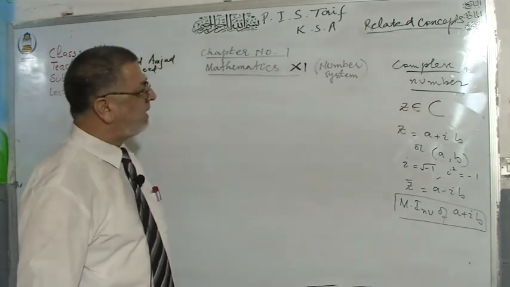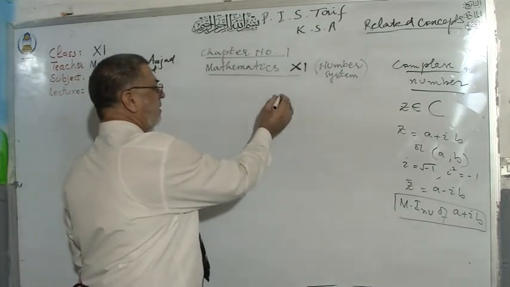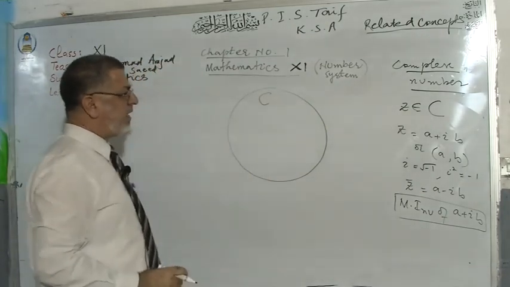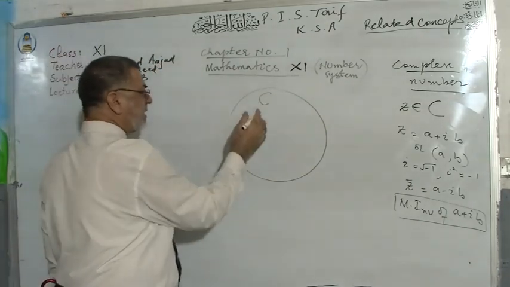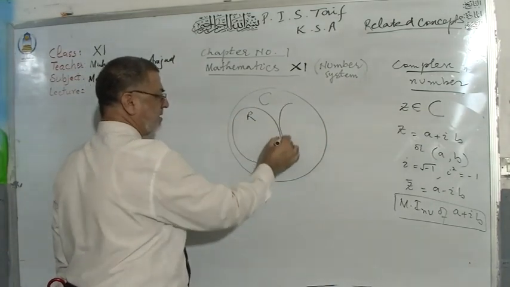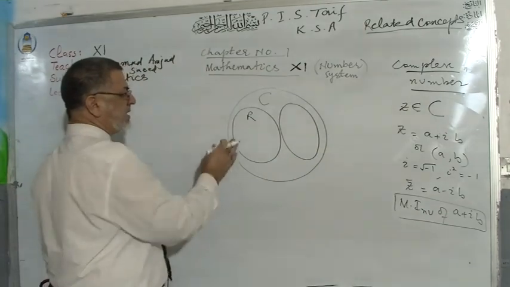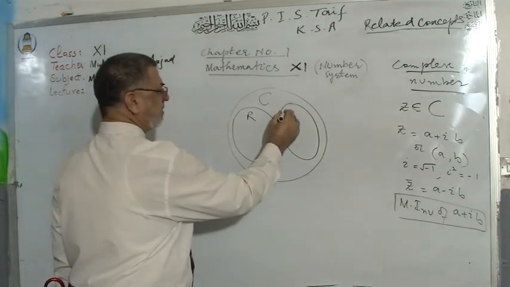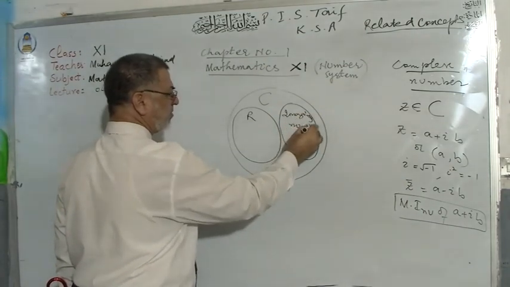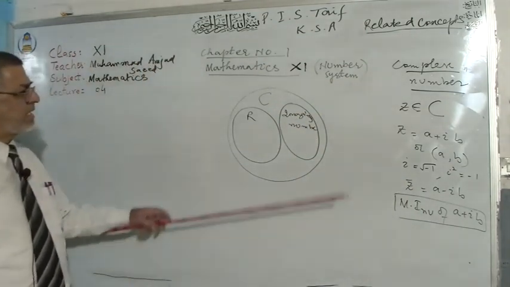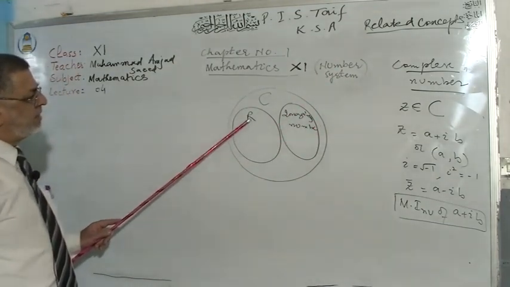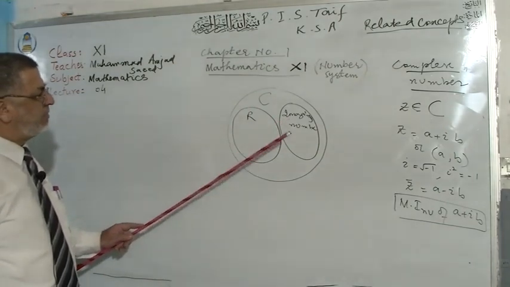Even set of complex number is denoted by C. Inside this set of complex number we have set of real numbers and set of pure imaginary number. Set of complex number contains set of real numbers and contains set of pure imaginary number.